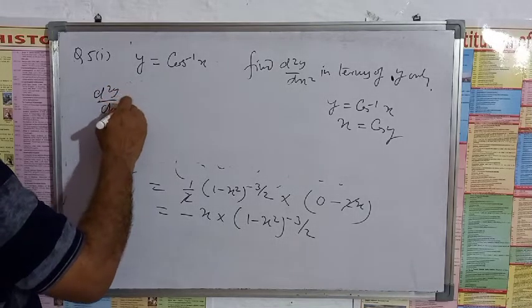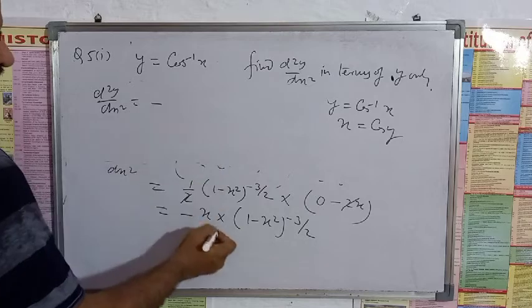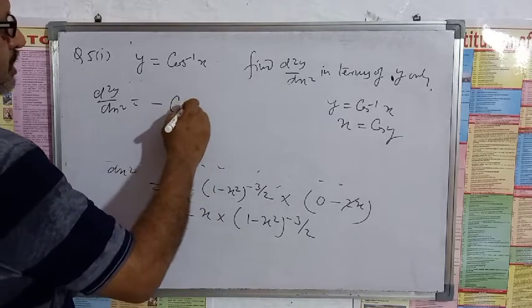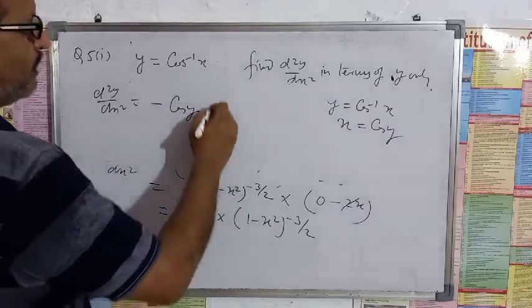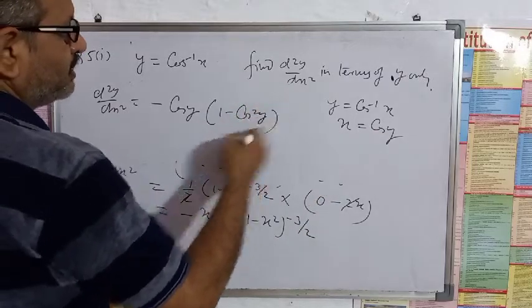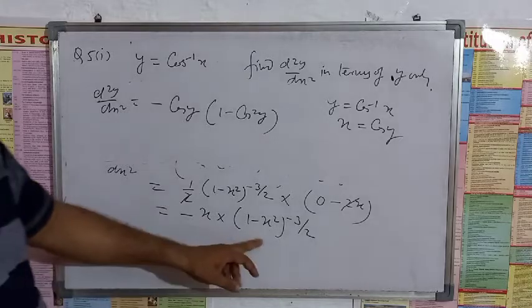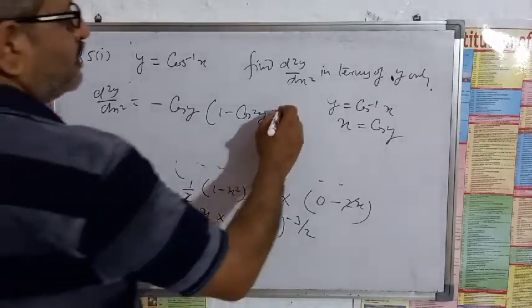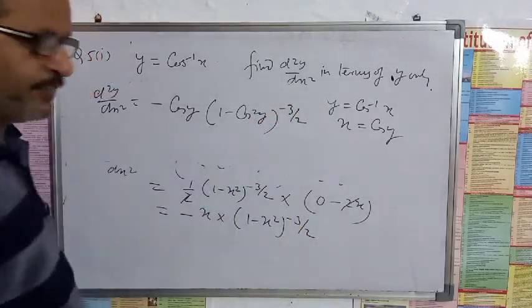So put here d2y by dx square equals minus x, x means cos y, 1 minus x square, x means cos square y, to the power minus 3 by 2.